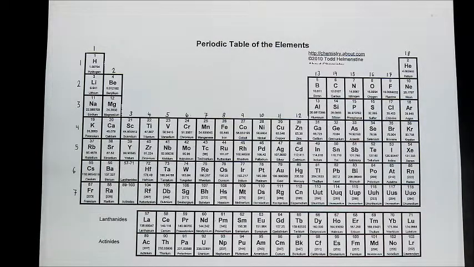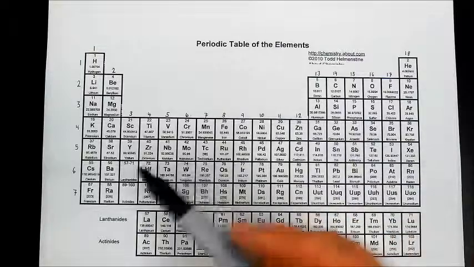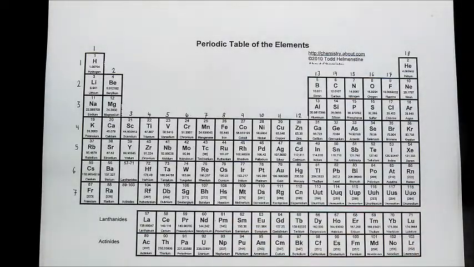Now, just because all matter is made up of atoms doesn't mean that it's all made up by these individual elements by themselves. Elements combine with each other to make molecules and compounds, which make up a majority of what we know.